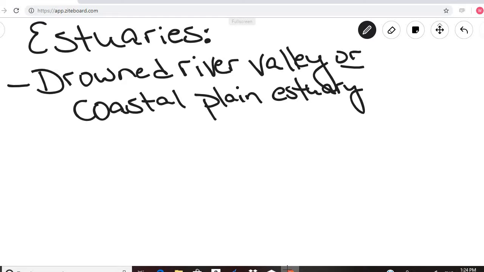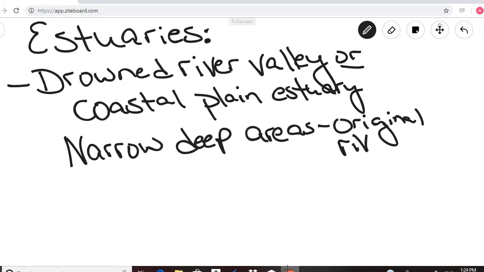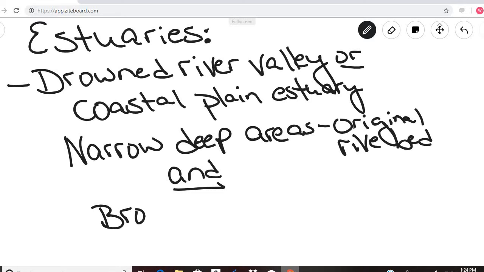And what you will have with this type of estuary is narrow, deep areas. Those narrow, deep areas would have been the original riverbed. And you will also have broad, shallow areas.